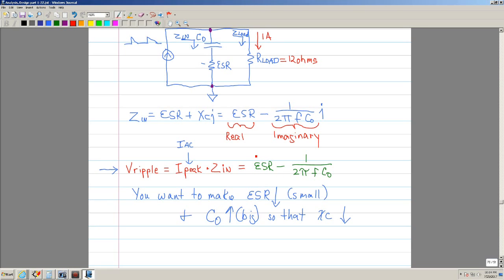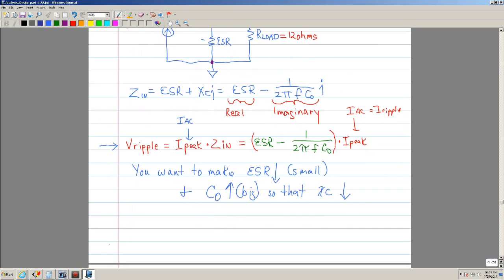So here's the Zn, and then the I peak, or you can also say it's IAC, or I ripple. They're all interchangeable: I ripple, IAC, and I peak. I'm referring to this waveform. So if you look at the equation, if you want this small, right?